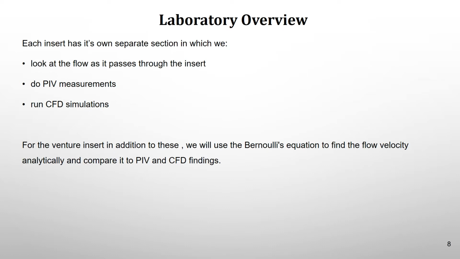And we repeat these steps for each insert. In addition to this, for the Venturi insert, we also find the flow velocity using the Bernoulli equations, and we compare these results to PIV and CFD findings.